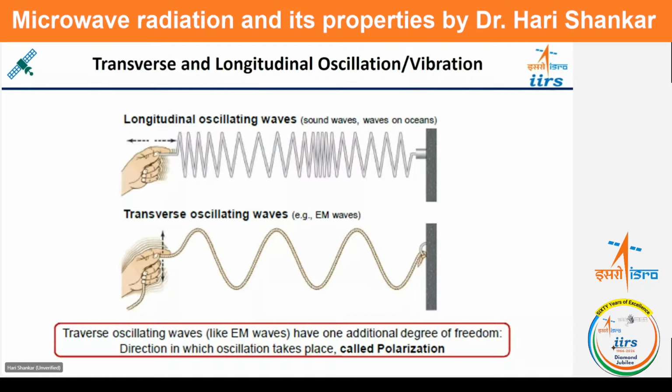But here, this is the example of the transverse wave. Suppose there is a rope and we move it up and down, so this type of wave is generated. The vibrations are perpendicular to the direction of the wave. These types of waves are called transverse waves, and the electromagnetic wave is an example of a transverse wave.